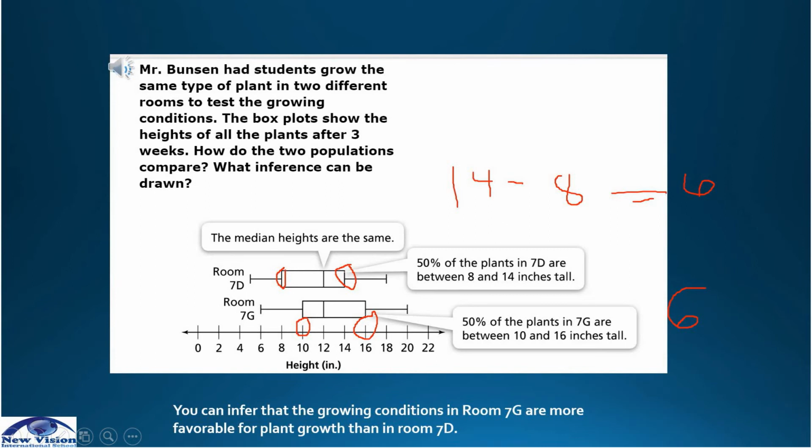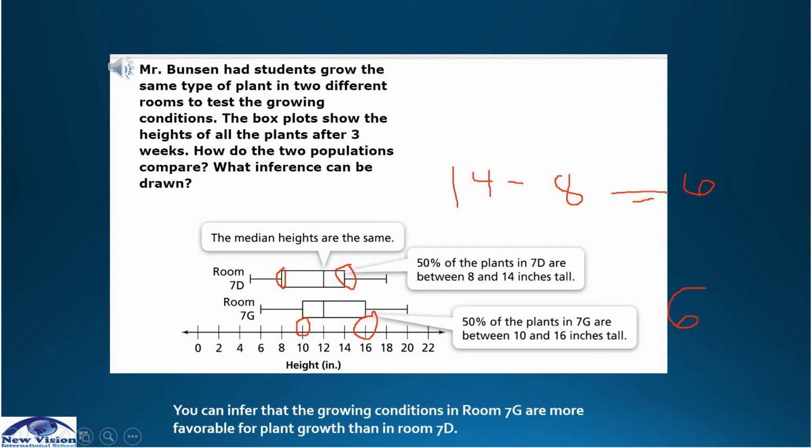So therefore, what inference can be drawn from these two data sets? We can conclude that the growing conditions in room 7G are more favorable to the plants in room 7G. Although they have the same IQR, they also have the same median, right?